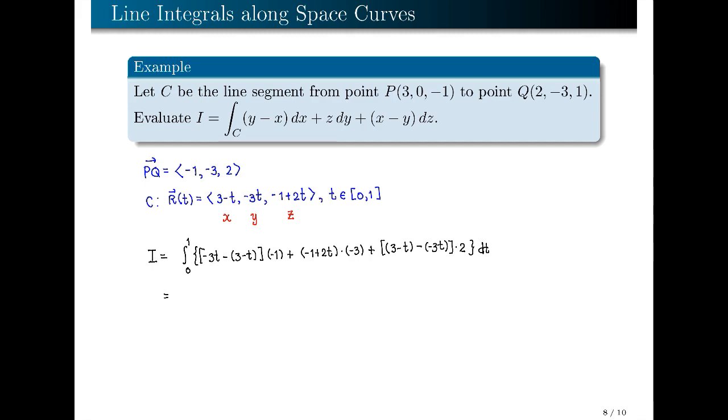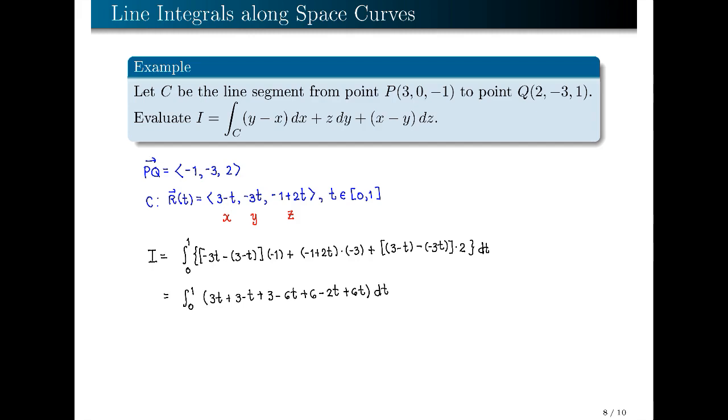First, we simplify by distributing the constants negative 1, negative 3, and 2. We obtain 3t plus 3 minus t plus 3 minus 6t plus 6 minus 2t and plus 6t dt.